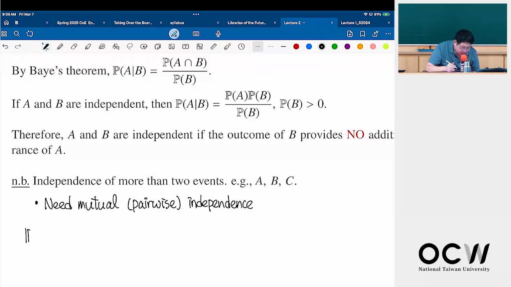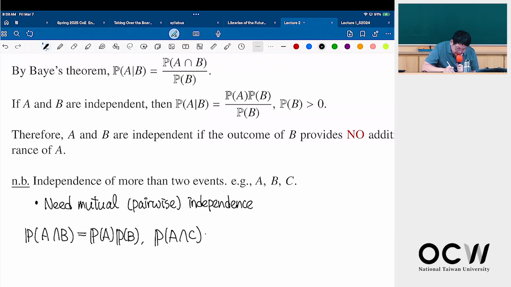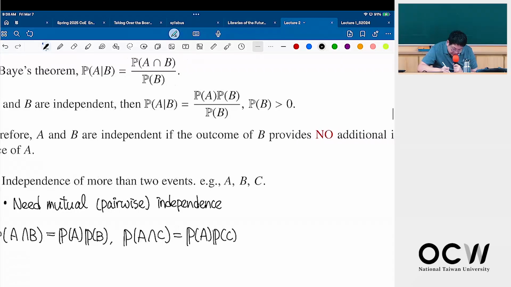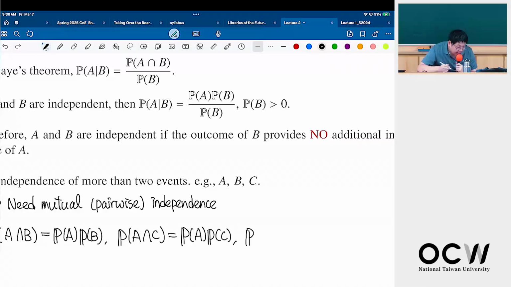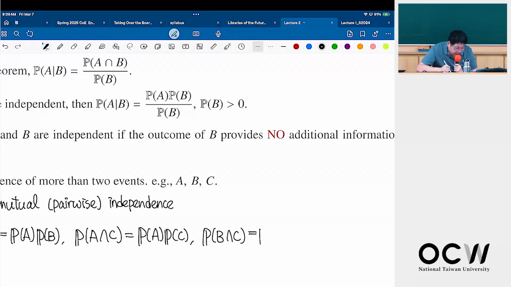What that means is, I need to consider A and B first. A intersect B, this probability will be probability of A times probability of B. And how about A and C? Because it's pairwise, A intersect C should be equal to probability of A times probability of C. And also, probability of B intersect C should be probability of B times probability of C.